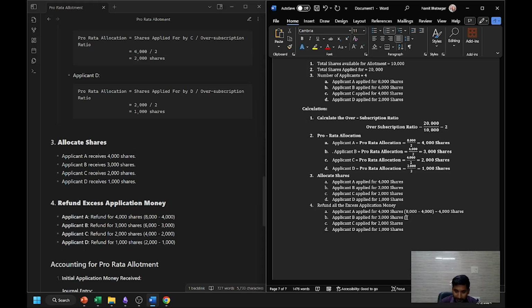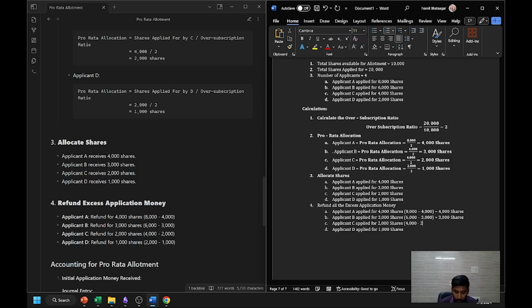Similarly, B applied for 6,000 shares, but was allotted only 3,000 shares, so 3,000 shares are refunded.